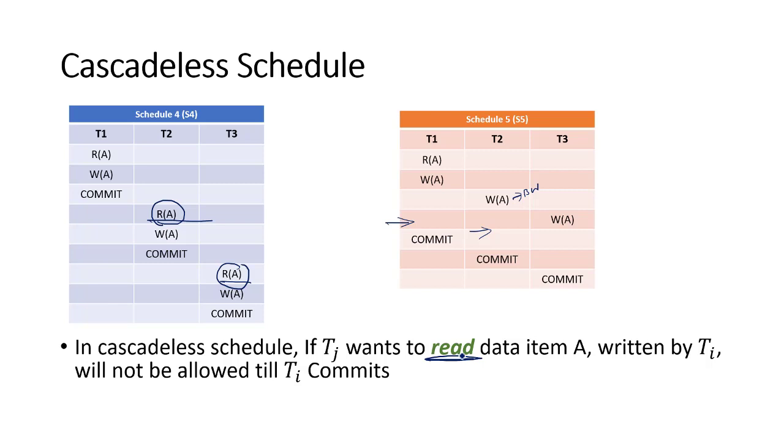Now the next kind of schedule is much stricter than this. This will not allow me to either read or write a data item written by another transaction which is not committed yet. That kind of schedule is called a strict schedule.